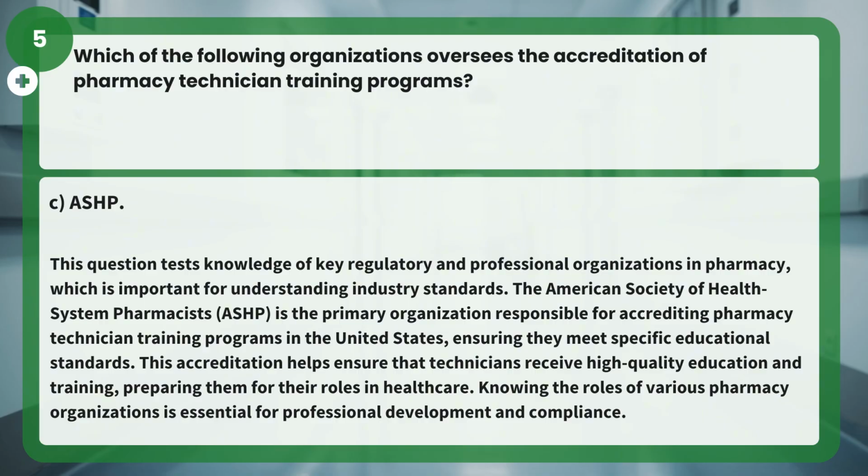This accreditation helps ensure that technicians receive high-quality education and training, preparing them for their roles in healthcare. Knowing the roles of various pharmacy organizations is essential for professional development and compliance.